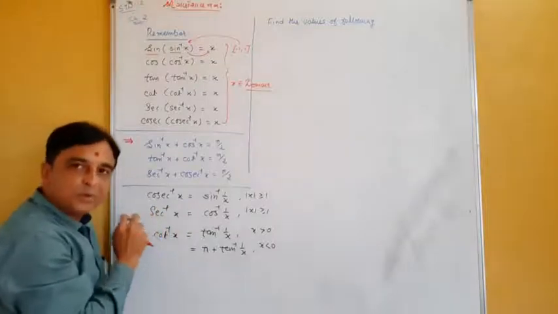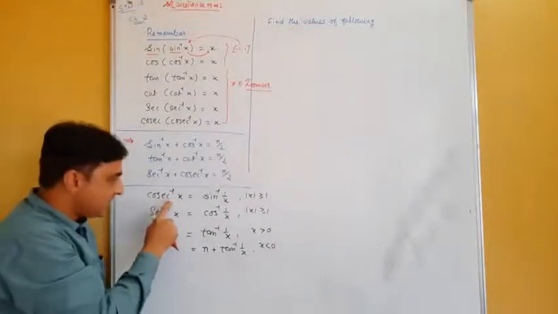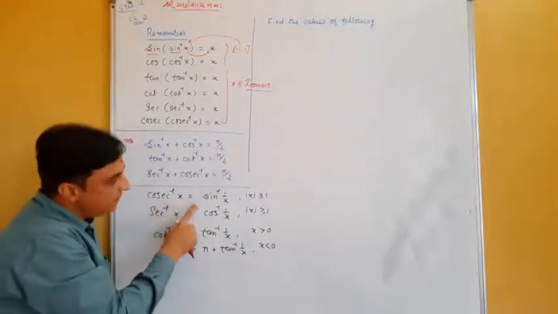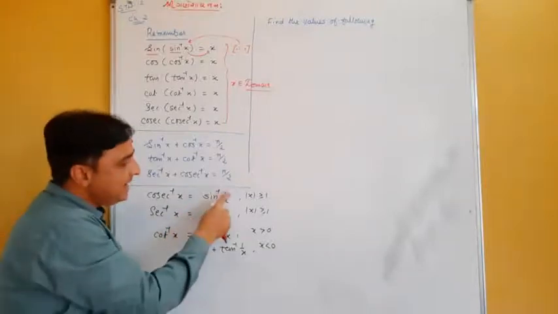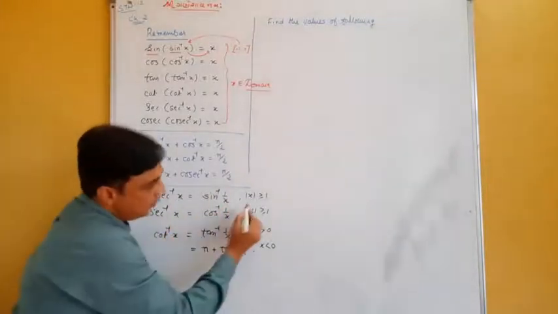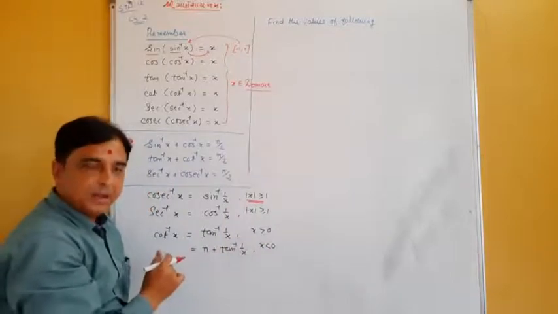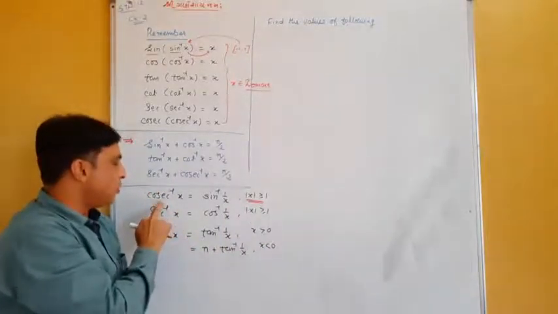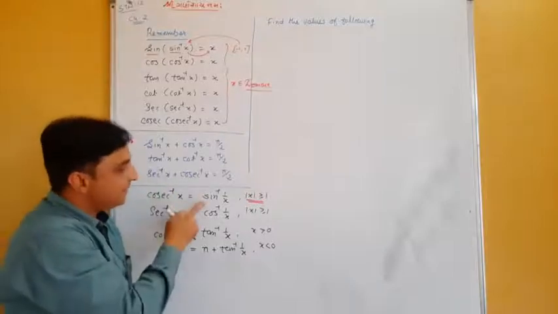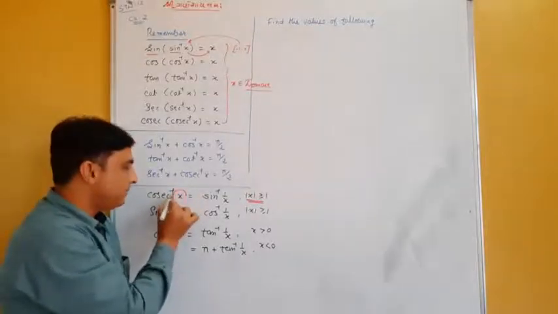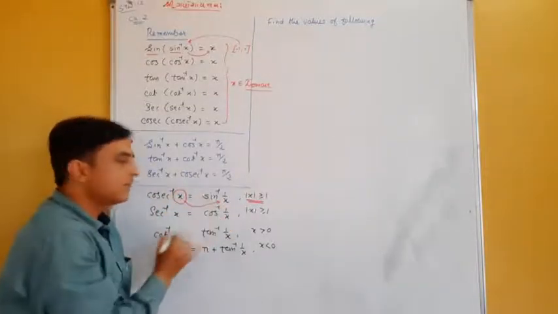Reciprocal formulas. Cosec inverse x is equal to sin inverse 1 by x for x greater than or equal to 1. So if we want to convert cosec to sin, we have to take the reciprocal.